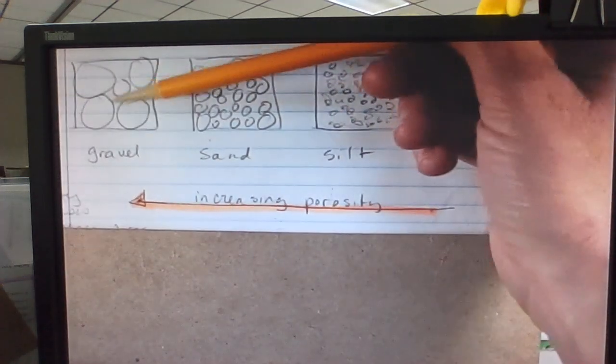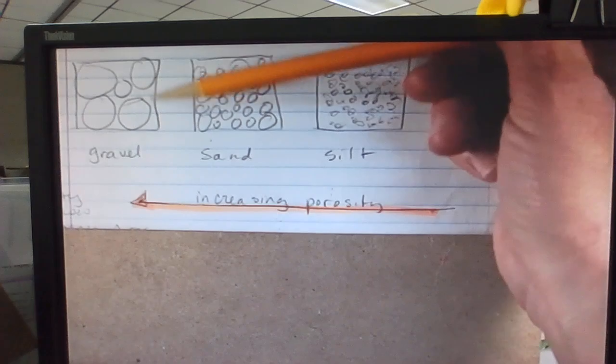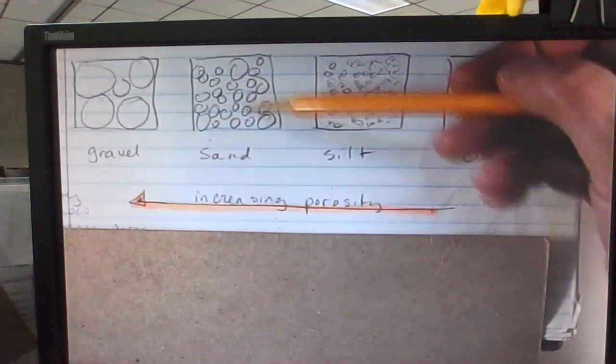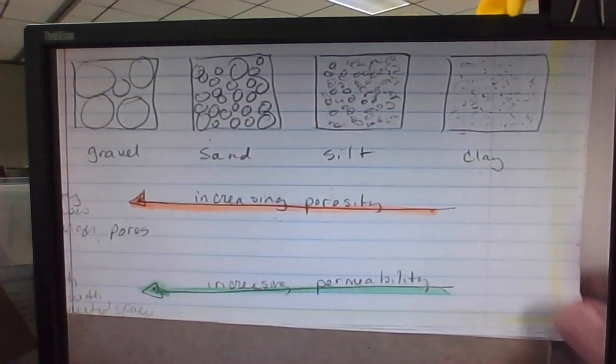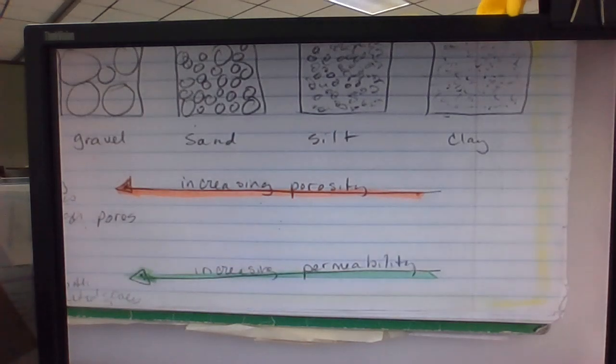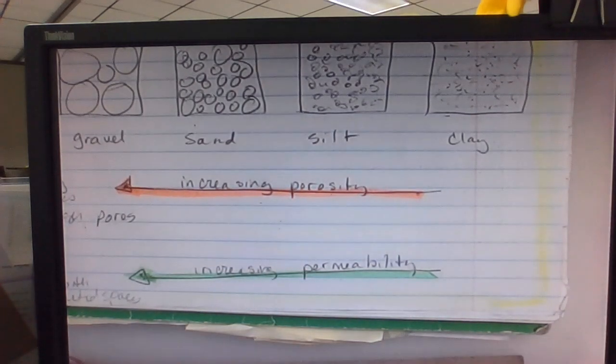Because especially with the gravel, they're touching each other, but there's a path for the water or air or roots to go through. Because we have those spaces and gaps, we're also showing increasing permeability. And typically you do have porosity and permeability increase as the pieces of matter, pieces of rock, pieces of sediment, whatever you want to call them, get bigger.